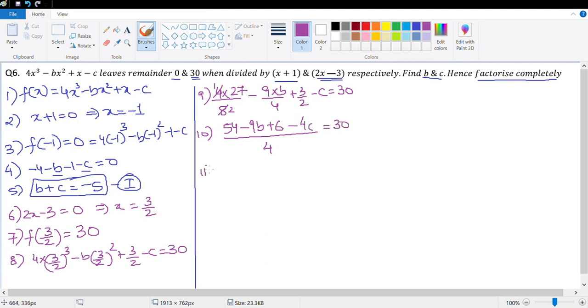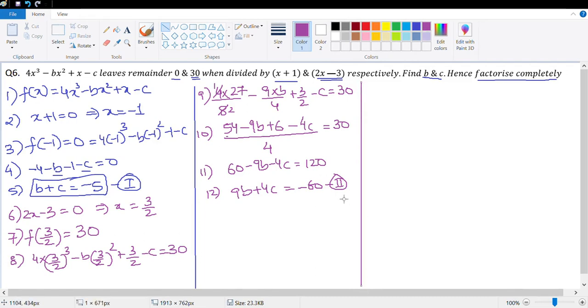This gives me 54 plus 6, that's 60 minus 9b minus 4c is equal to 30 into 4, that's 120. Let's take 9b and 4c on the other side. So what I get is 9b plus 4c is equal to 60 minus 120, that's negative 60. So that's our second equation.